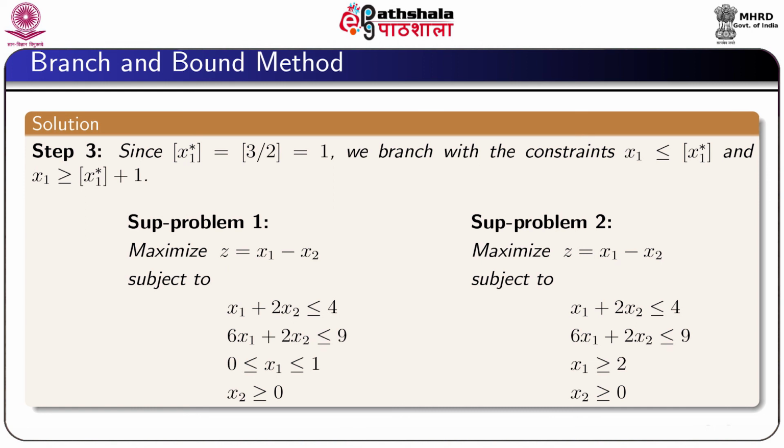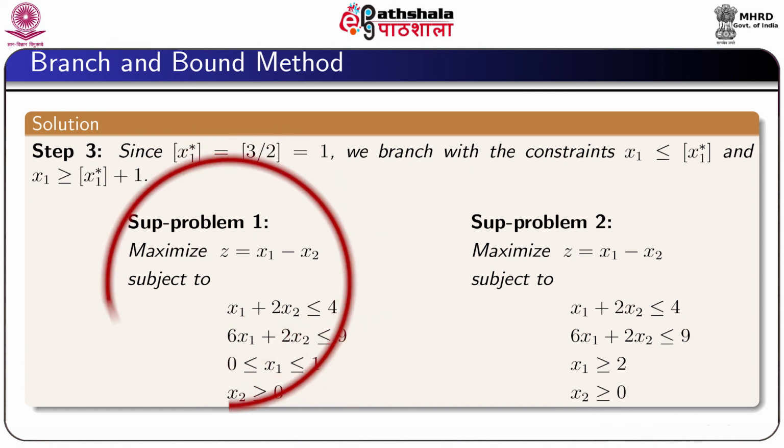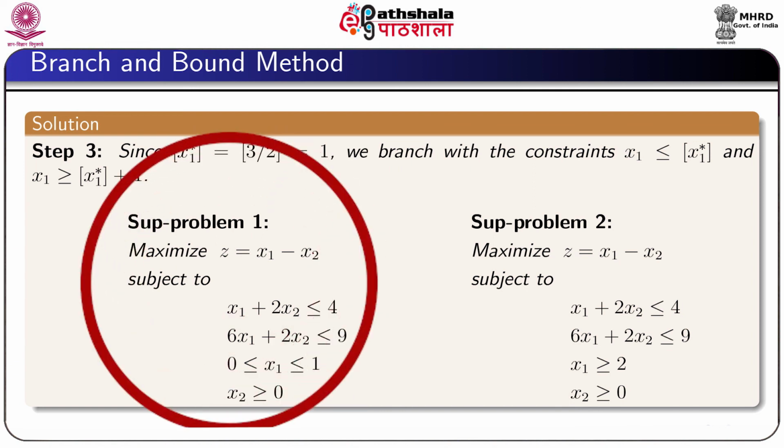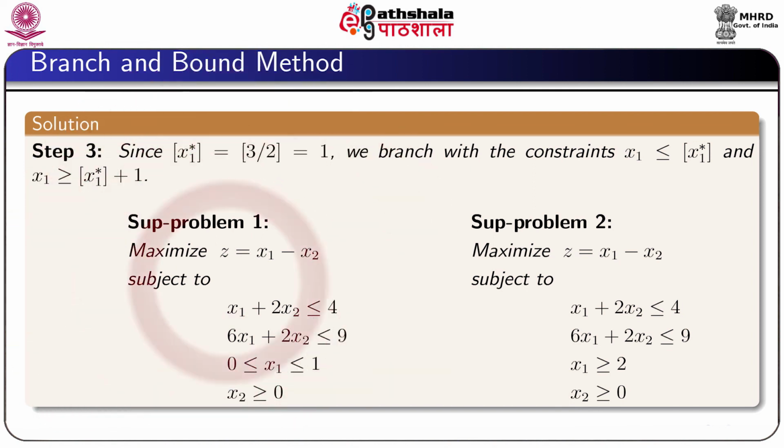The slide shows 2 subproblems. In subproblem 1, we have the additional constraint 0 less than or equal to x1 less than or equal to 1, and in subproblem 2, we have the additional constraint x1 greater than or equal to 2.